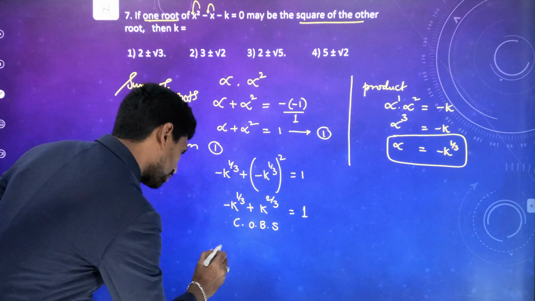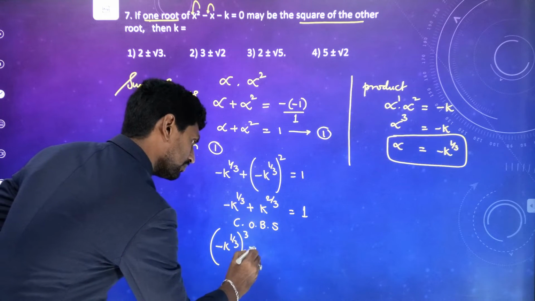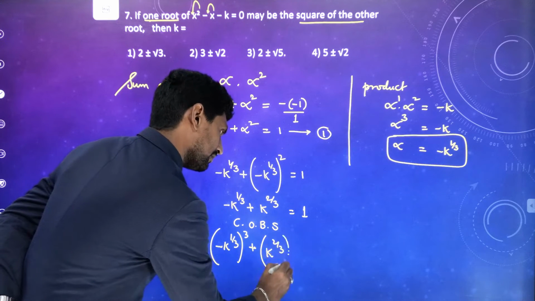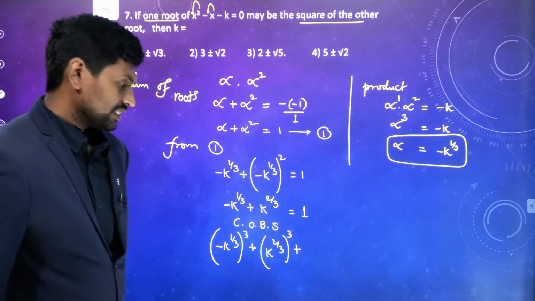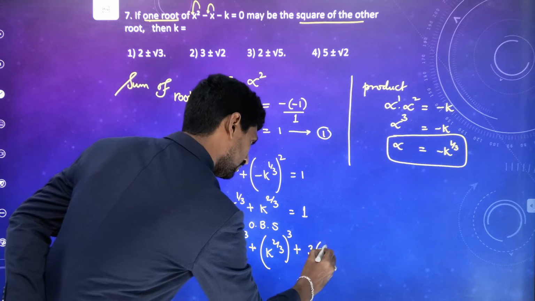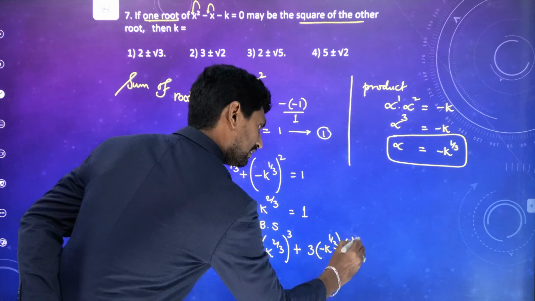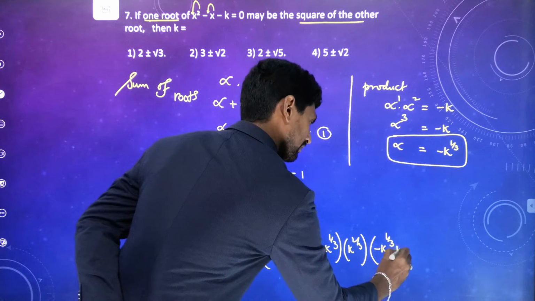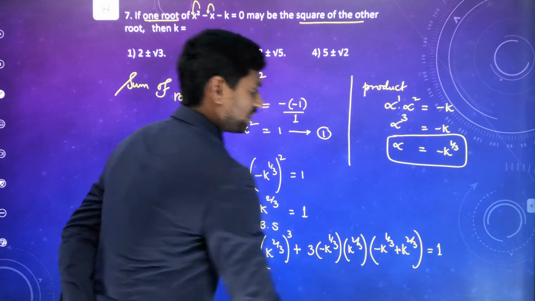I am writing directly: a cube plus b cube plus 3ab into a plus b, that is equal to 1 cube, means 1 only.